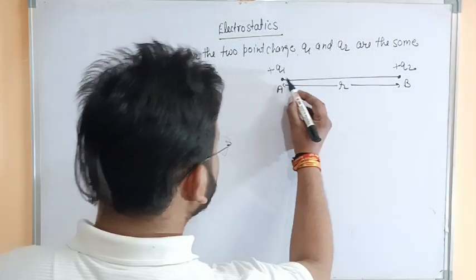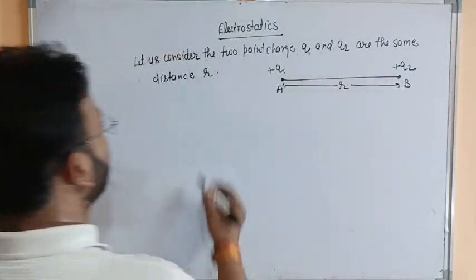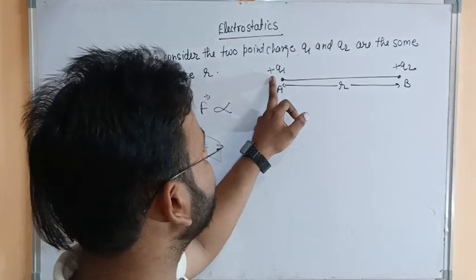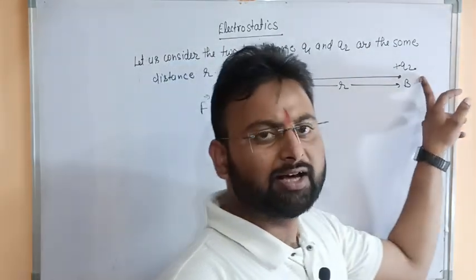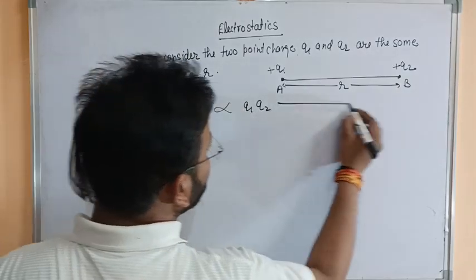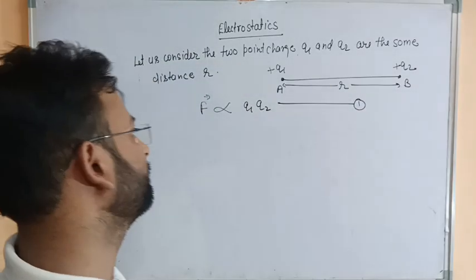In this case, the force F is proportional to the multiplication of the charges Q1 and Q2, in equation number 1.